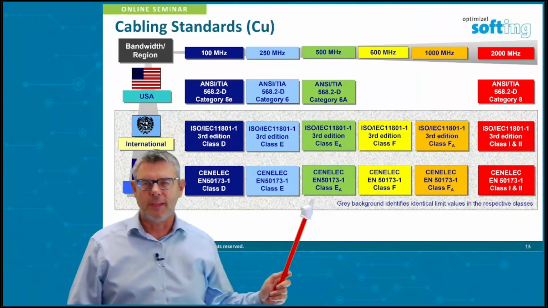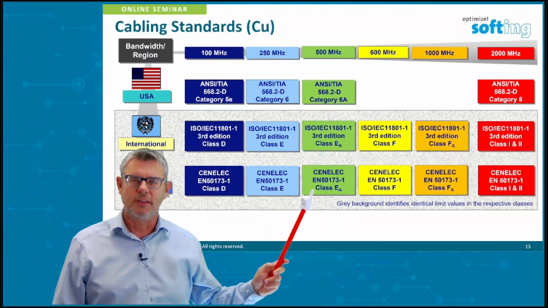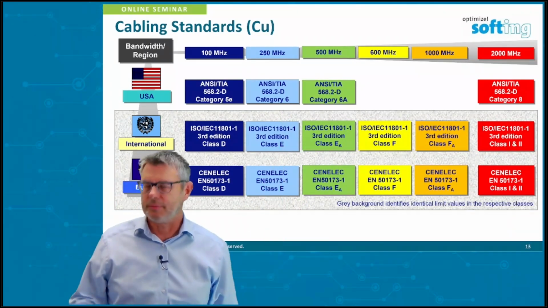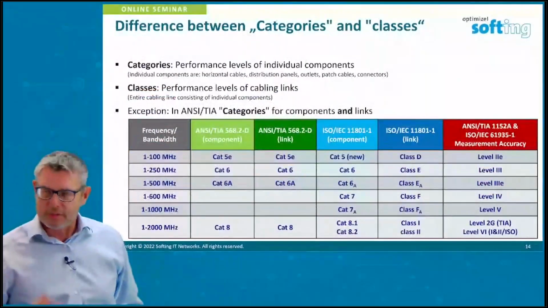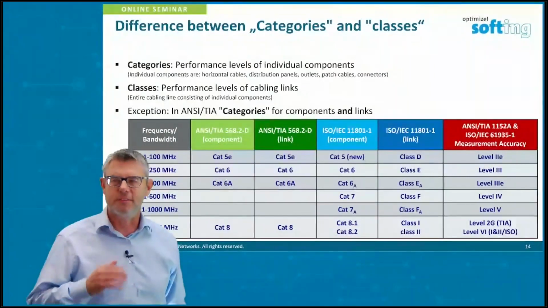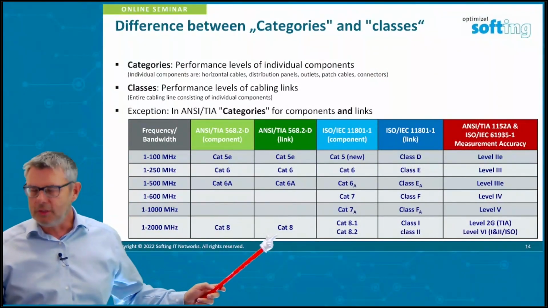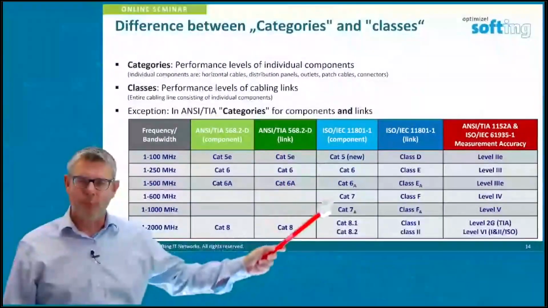Okay, so here in our areas in Europe, we are testing against classes, not against categories. Okay, let's spend one other slide on category and classes. What's the difference between category and classes? We also in our area use the word category, but we use it just to define the bandwidth of a component.